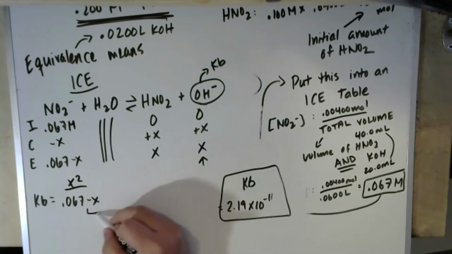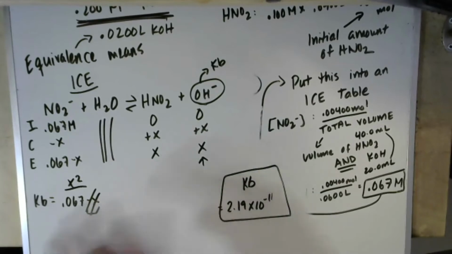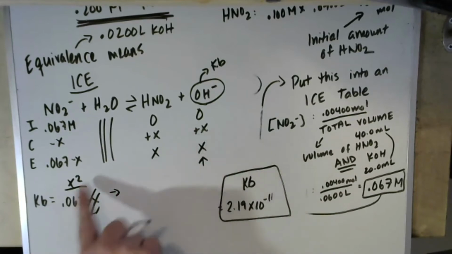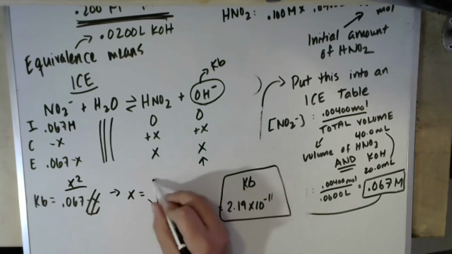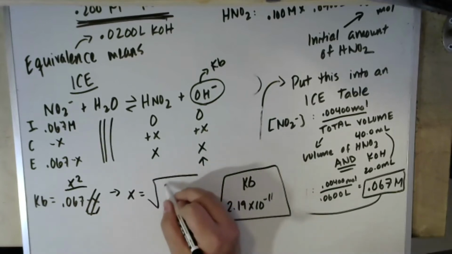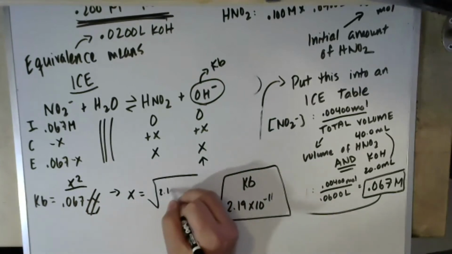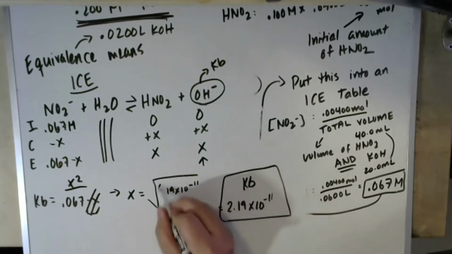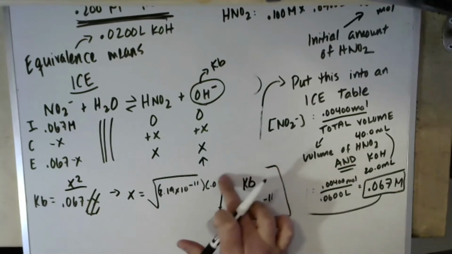And we're going to assume that this minus x value is small enough that we can discount it. So now we're going to solve for x. So x is going to be equal to the square root of our Kb value, 2.19 times 10 to the minus 11 times 0.067.